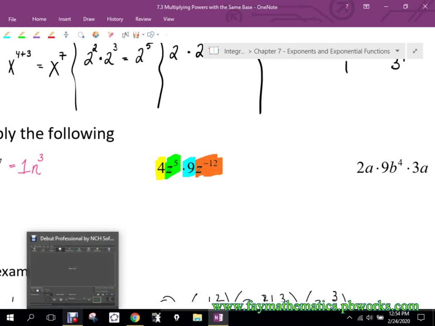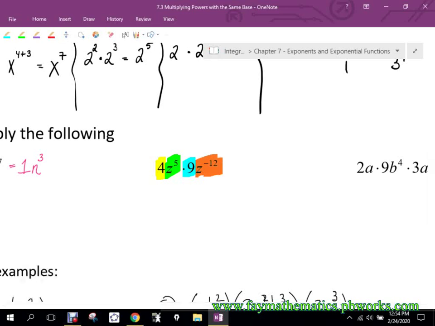So we have 4 numbers being multiplied together. If I were to give you something like this, let's just go back to, I don't know what grade, 6th, 7th grade. If I would have 2 times 3/4 times 5 times 4/3.